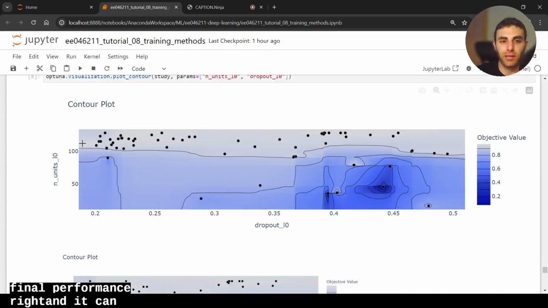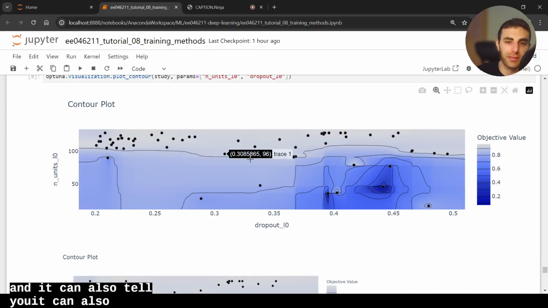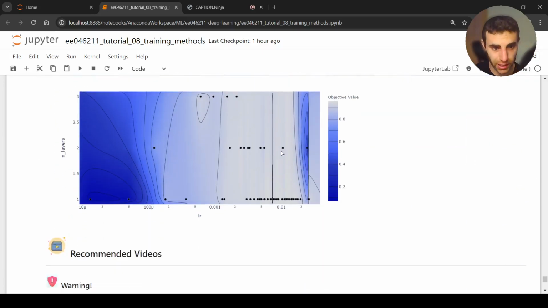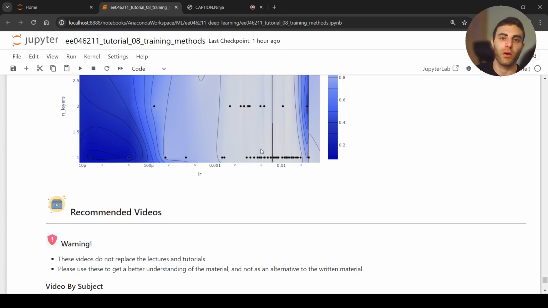And it can also plot the search space where it looked and how it mapped the values and the resulting performance. So it's a very nice tool to help us understand where to look.